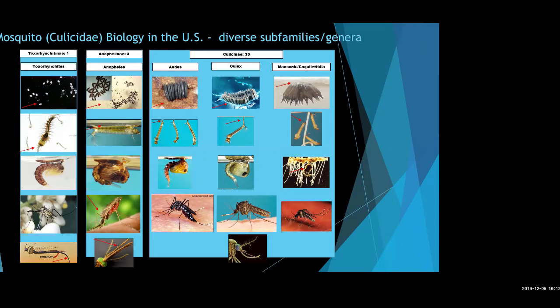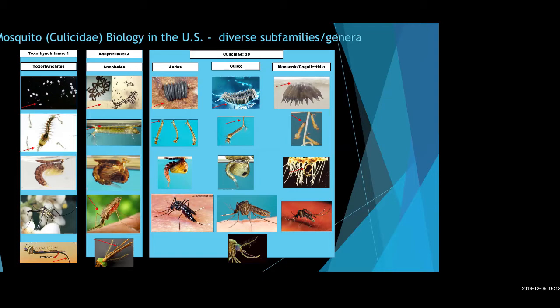Here in the US, we have 3 main subfamilies, or main categories of mosquitoes, in the family Culicidae. Those are made up of Toxorhynchitinae, with just 1 genus represented here. Anophelinae, which includes the mosquito that can transmit malaria, and there are 2 other genera part of that.